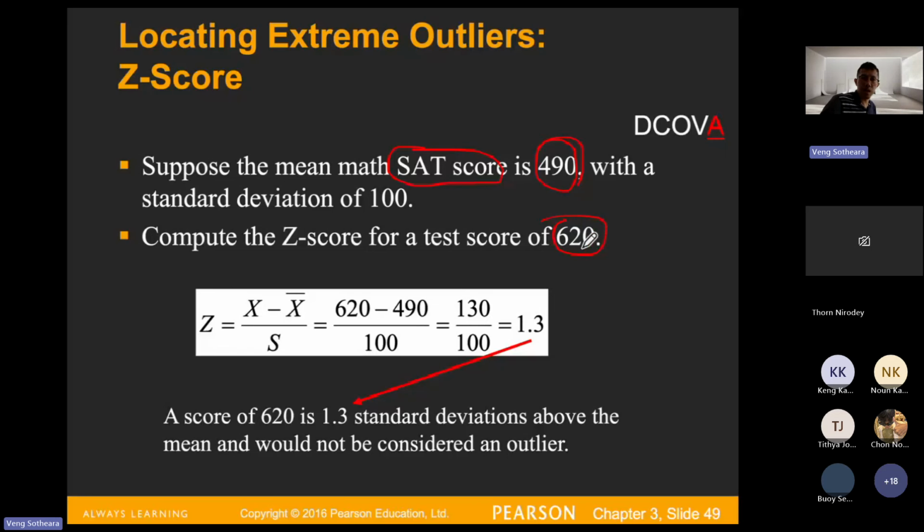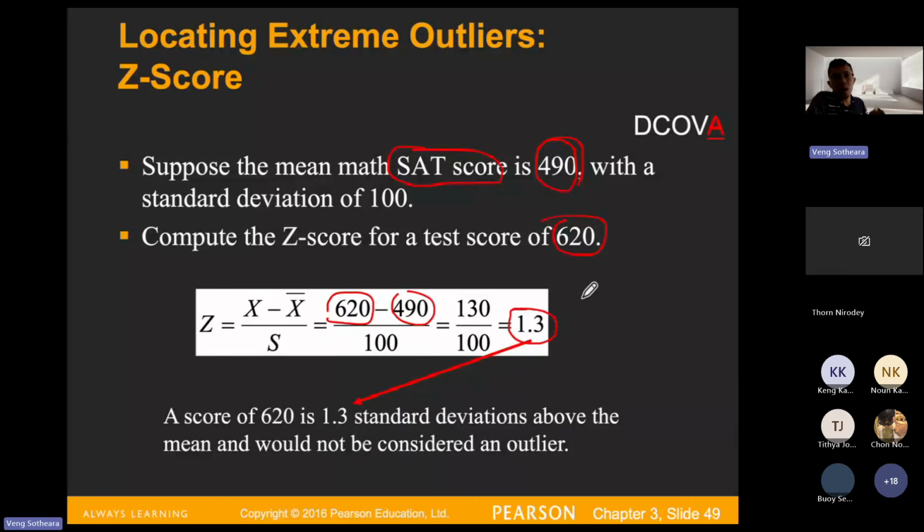Do you think that 620 is too high compared to the average, or not yet? In this case, you have to compute the z-score of 620, converting 620 to its z-score by subtracting the mean and dividing by the standard deviation.